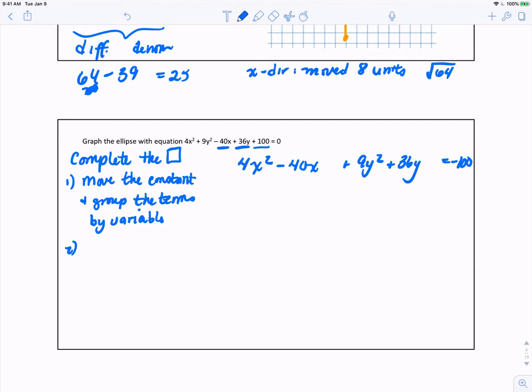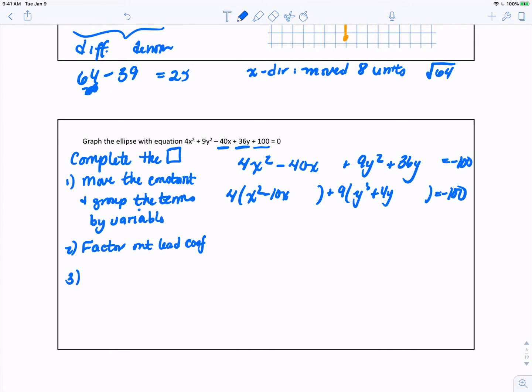The next thing we're going to do is factor out the lead coefficients. So we're going to rewrite this as 4 times (x squared minus 10x) plus 9 times (y squared plus 4y) equals negative 100.